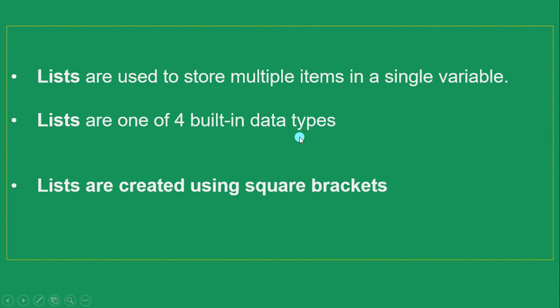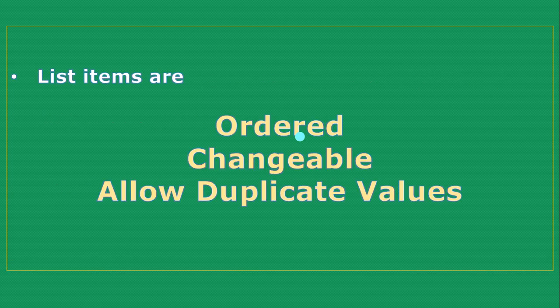You need to find out the difference between the list, the tuple, the set, and the dictionary, when we have to use each, and the significant difference between these data types with regard to order. Are they changeable, and do they allow duplicate values or not? These are the three important factors you need to remember whenever you are learning these four data types.